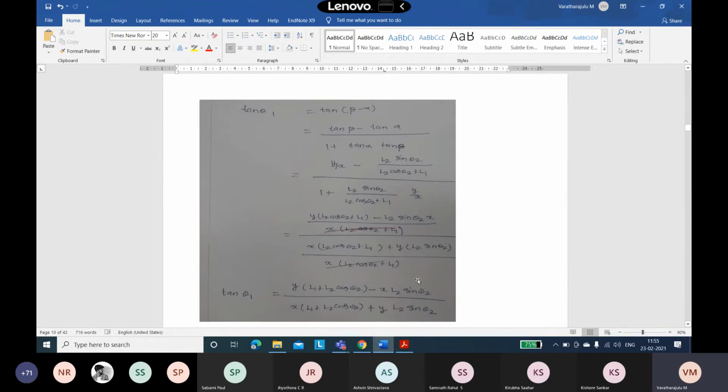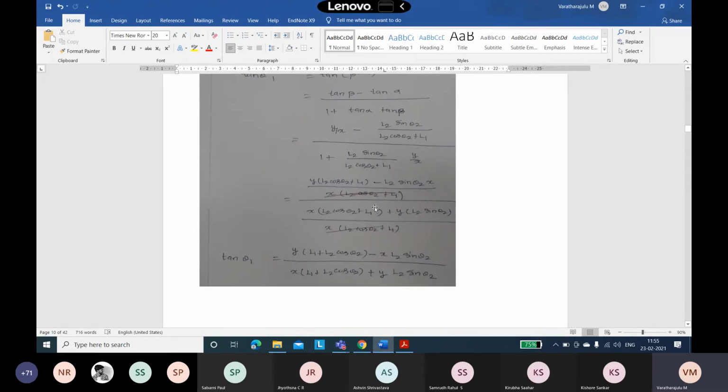Ultimately I am getting the common denominator. By cancelling the denominators, I'll get y into L1 plus L2 cos theta 2, I am rearranging, making L1 first, minus x L2 sin theta 2, divided by x into L1 plus L2 cos theta 2 plus y into L2 sin theta 2. This is tan theta 1.